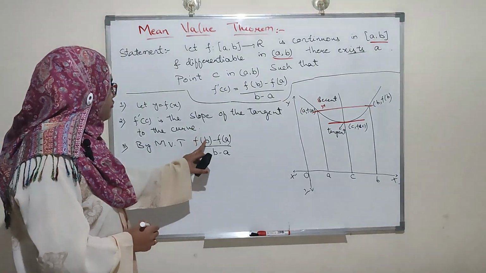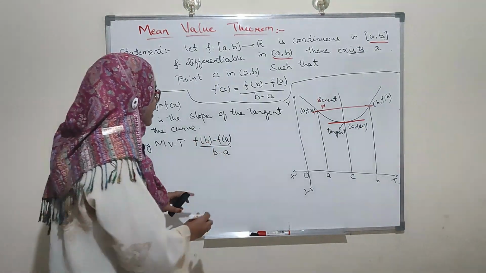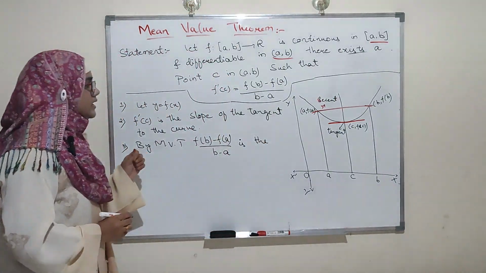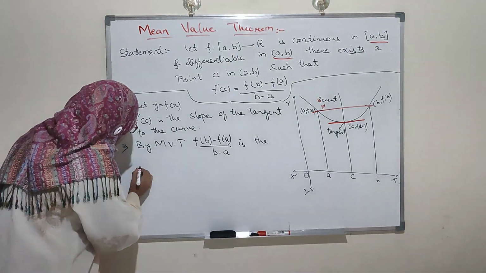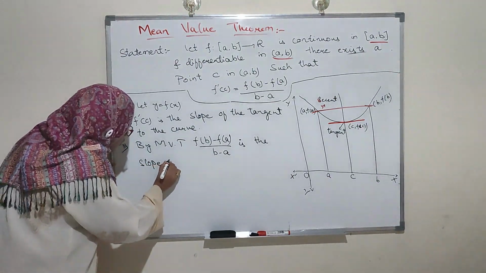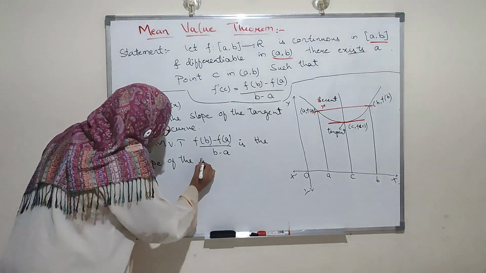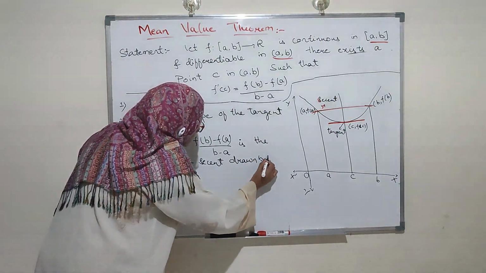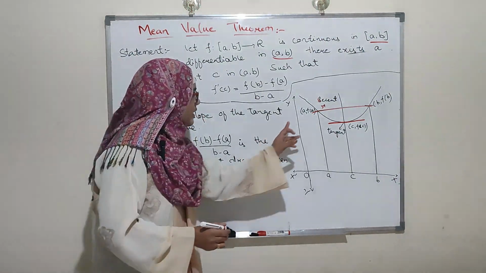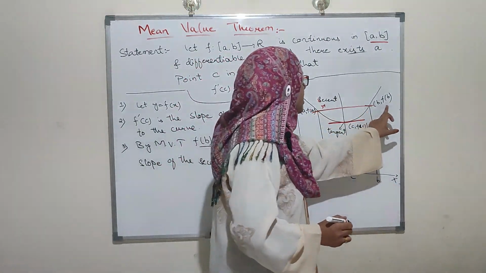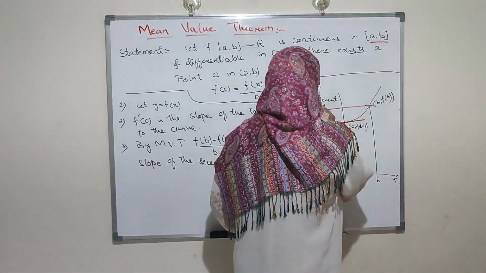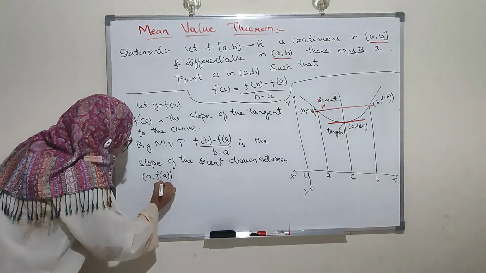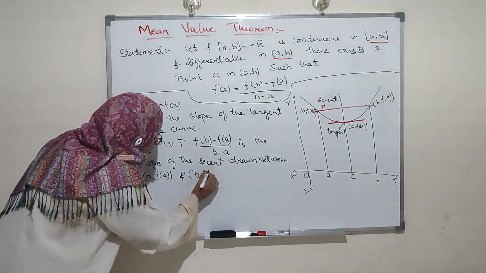By the mean value theorem, f of b minus f of a whole divided by b minus a is the slope of the secant drawn between a comma f of a and b comma f of b.